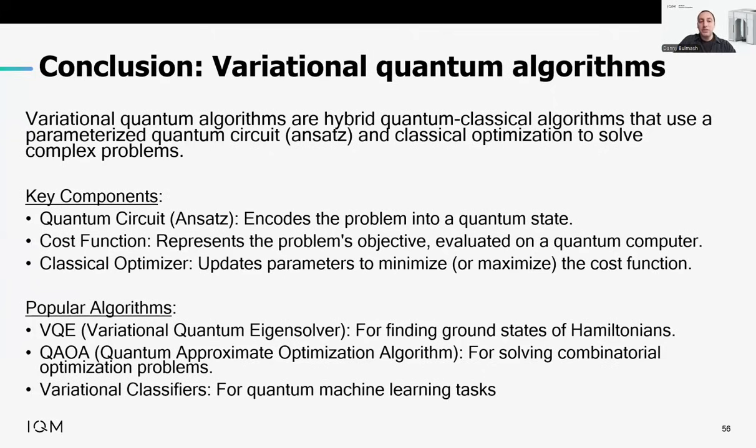The key components are the ansatz, which is the quantum circuit, the cost function, which represents the objective of the problem, and the classical optimizer, which updates the parameters in order to minimize the cost function. And then we had a couple of different examples of popular algorithms, which we use to solve different types of problems.